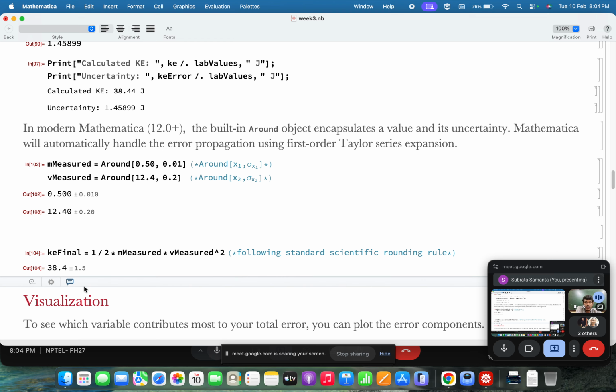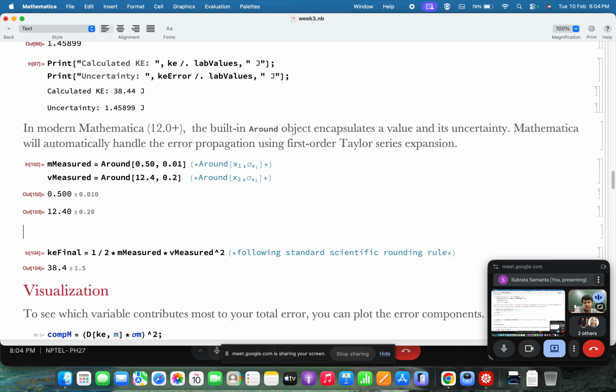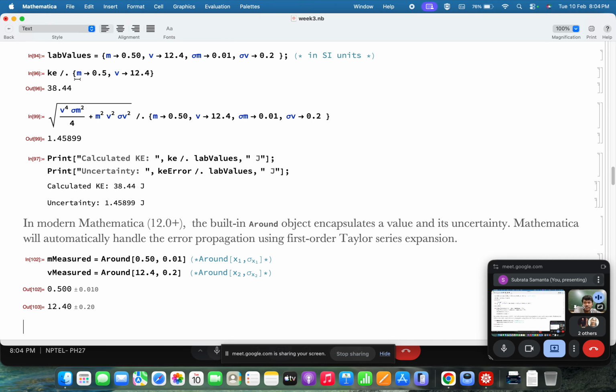So, now you see what the around function is, and how it calculates these things very quickly. Here I used this formula to calculate the uncertainties.